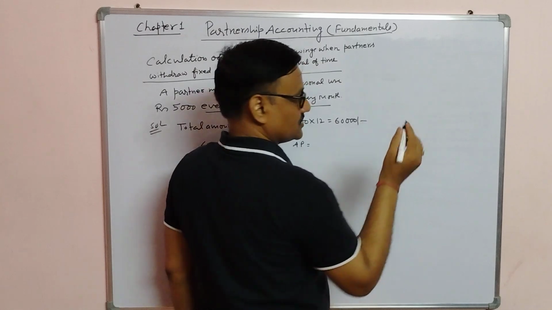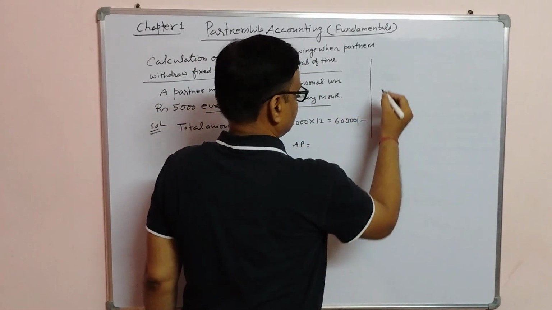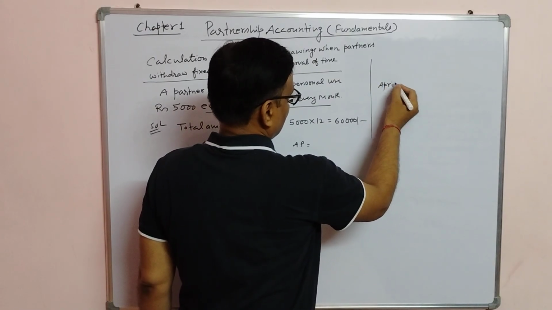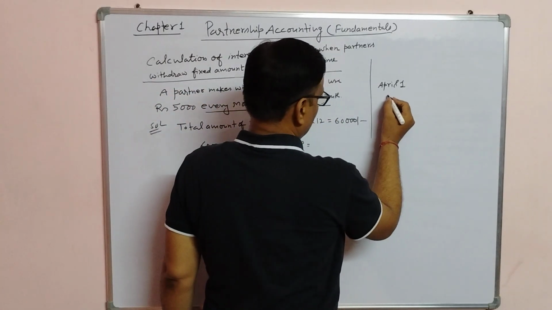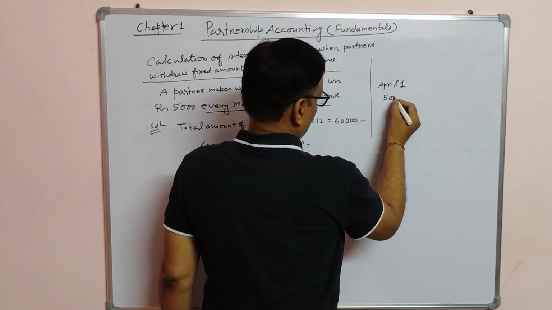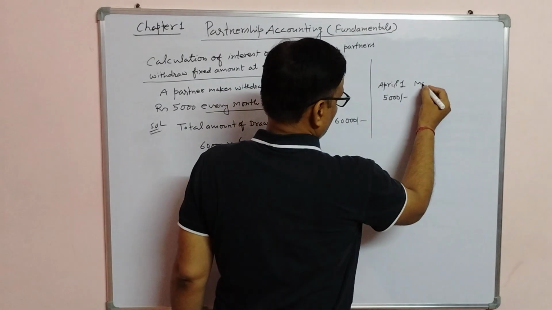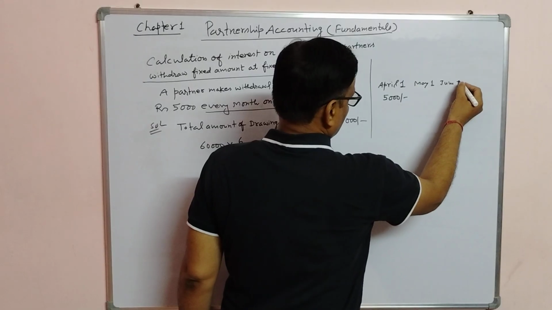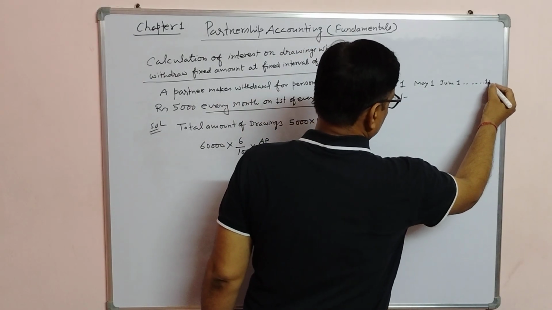He withdraws rupees 5,000. Suppose the financial year starts from April 1. So first withdrawal he made on April 1, 5,000. After that he withdrew on May 1, then June 1, and it goes on till 1st March.